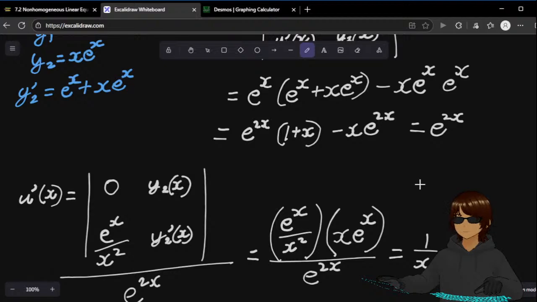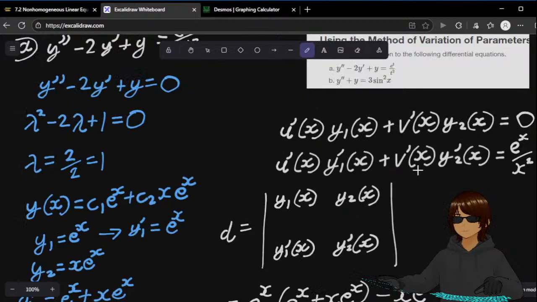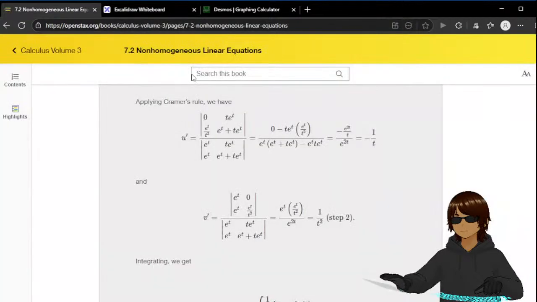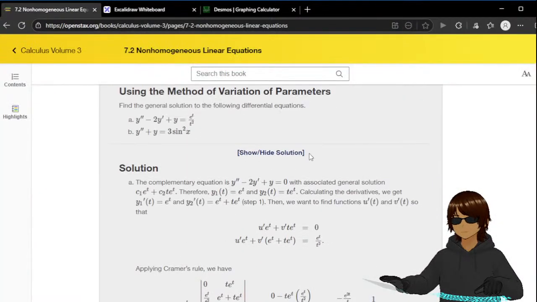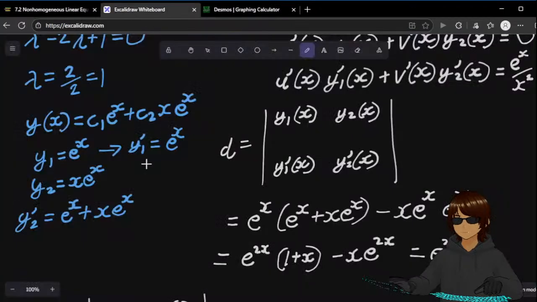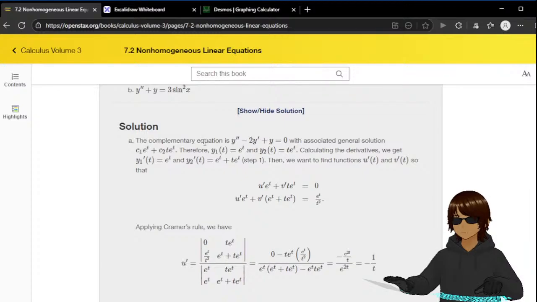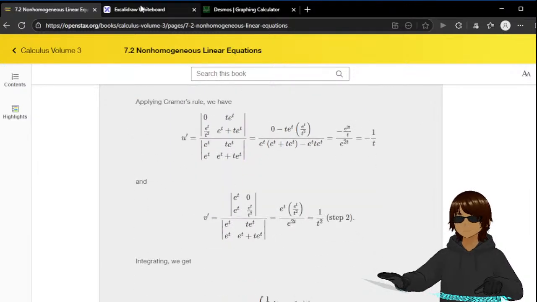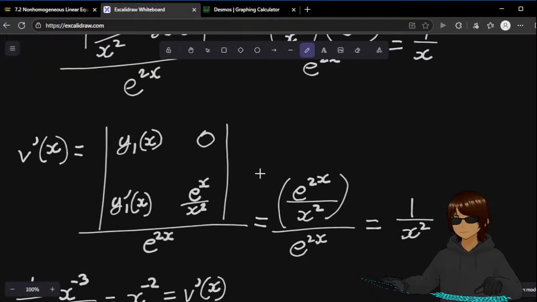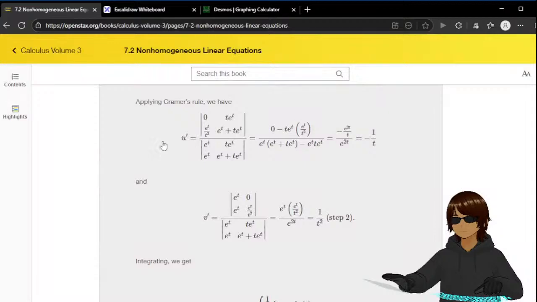Why is it negative? Oh, yes. Oh, no, wait. What do they get? If this is correct, how did they end up with minus 1? This minus this, so 1 over x squared.